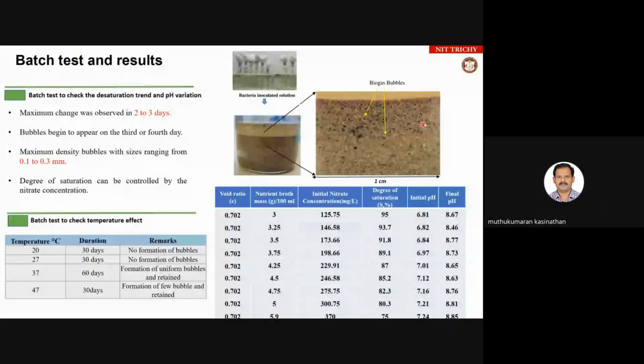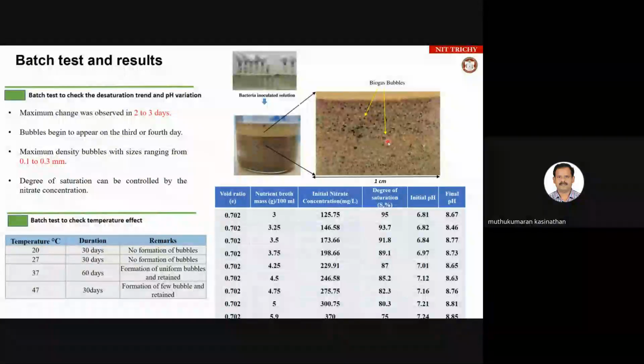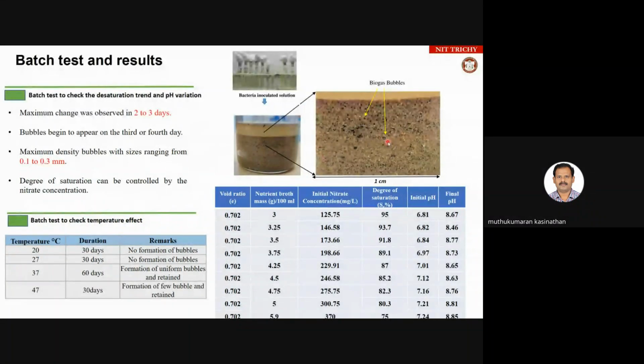Here the Pseudomonas bacteria was mixed, and if you have a closer look, you can see the bubbles. We increased the temperature and monitored it over 30 to 60 days, up to 47 degrees.